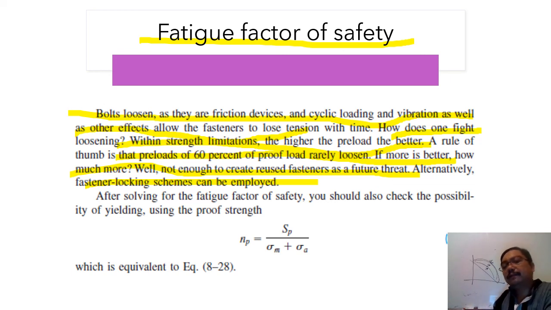Meaning that if you tighten up your bolt tightly, you should have no concern about it becoming loosened, because a preload of 60% of the proof load rarely loosens. It may lose tension because of corrosion, because of fatigue failure, and much more.